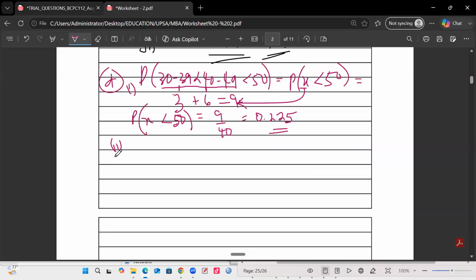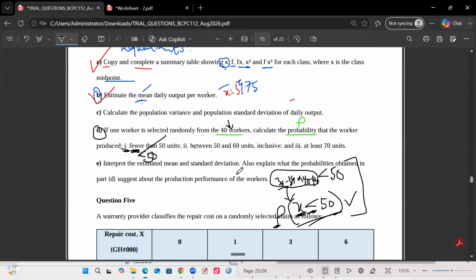II says between 50 and 69 units. So let's go to the data set and look at between 50 to 69 units. What interval is between 50 and 69 units? Bema, I want the class interval between 50 and 69 units. There is 50 to 59 and 60 to 69. Yeah, that's correct. So it said between 50 and 69.